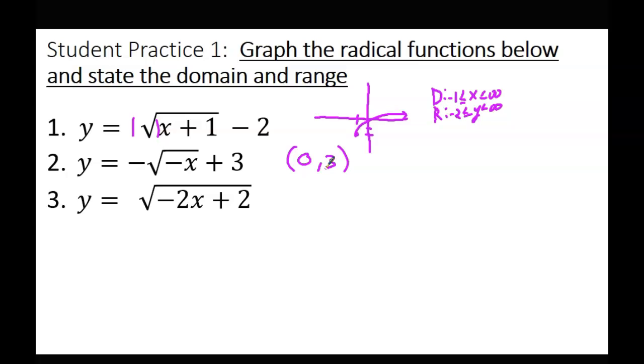Is it up and right, up and left, down and right, down and left? It's down and left. This one tells us it goes down, this one tells us it goes left. So it looks like this basically. And if we start at 0, 3, which would be here, we would have that answer. That was the point of it, yeah.